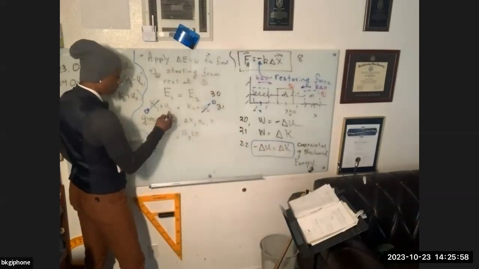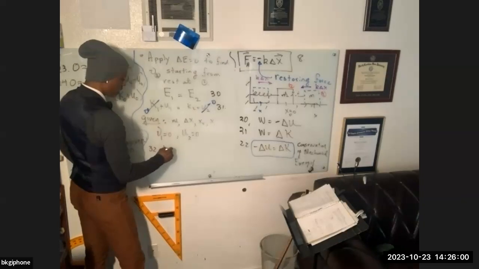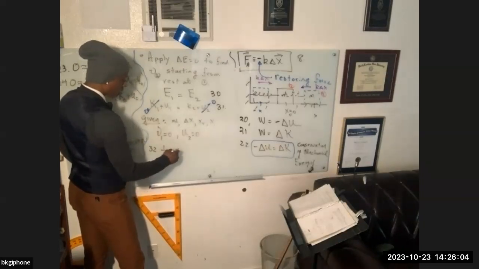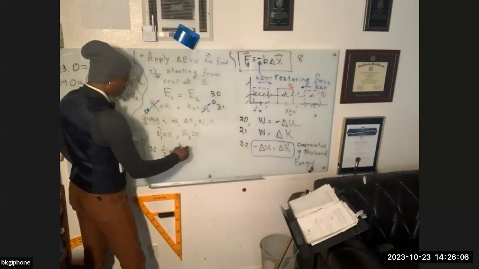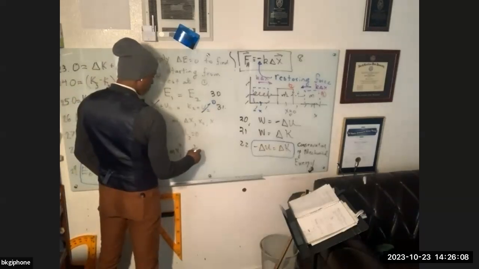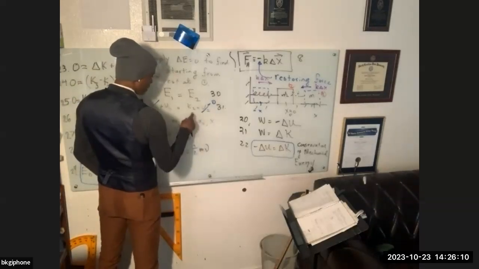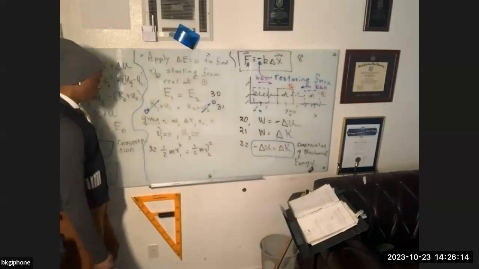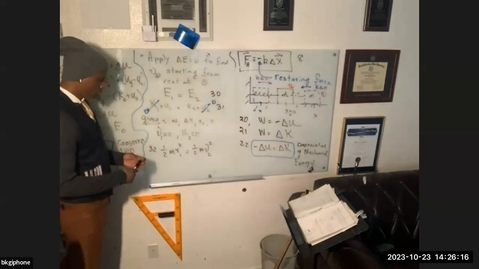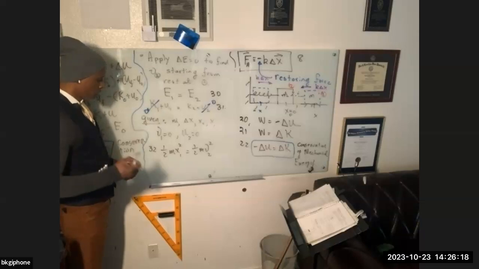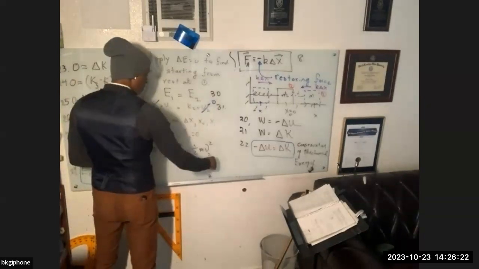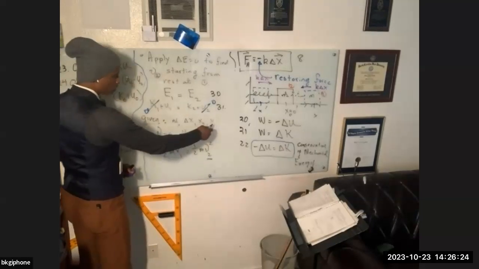So the potential energy, 1/2 m x1 squared, equals kinetic energy, which is always 1/2 mv squared, but that's mv2 squared. But look at that, that's only one equation and one unknown now, because the unknown is v2, and x1 is the thing I know.